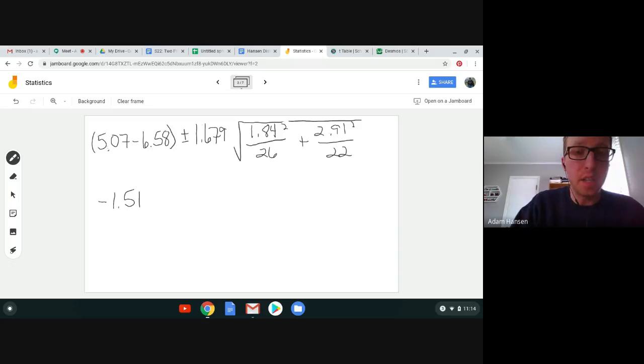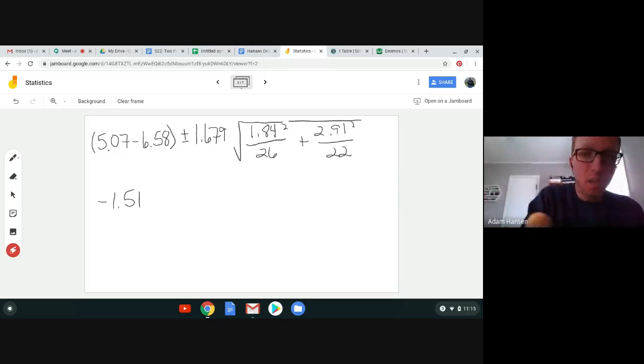You would have just gotten the exact opposite. Instead of negative 1.51, you would have gotten positive 1.51. This negative 1.51 shows that there's 1.51 ounces less ice cream in the small. If you switch those, you would have gotten 1.51 ounces more ice cream in the large bowl. Just a different interpretation, but it's roughly the same thing.